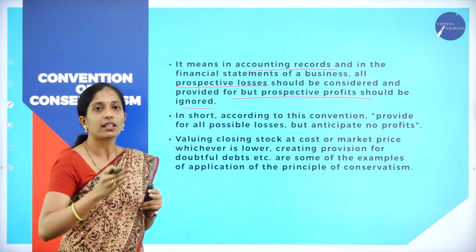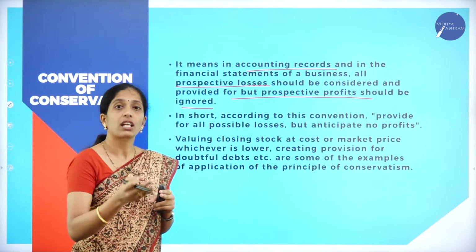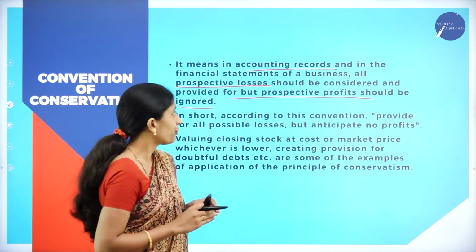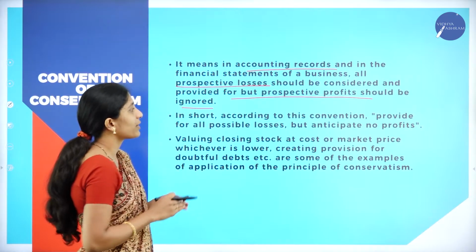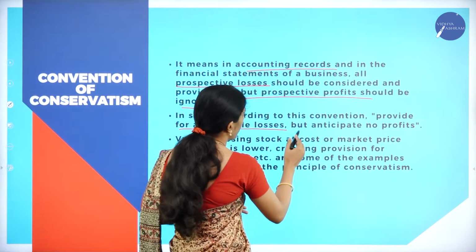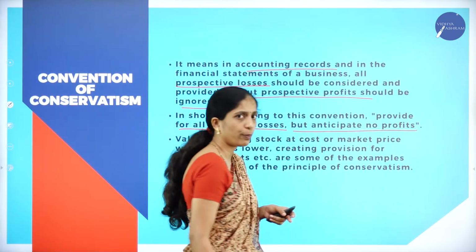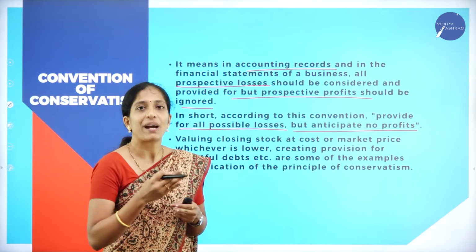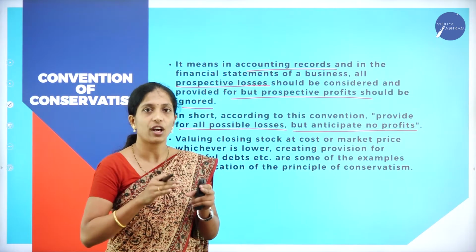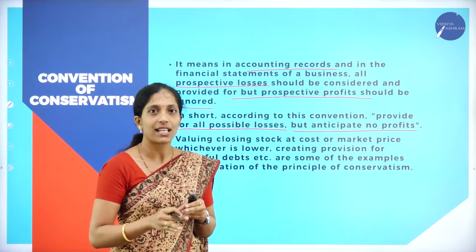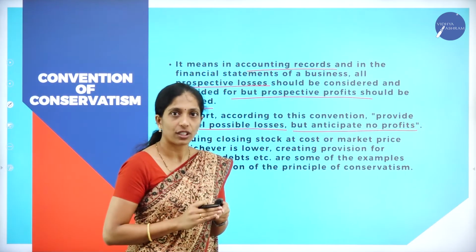We ignore the prospective profit, but we have to give importance to the prospective losses which are going to occur in the future. In short, according to this convention, provide for all possible losses but anticipate no profit. So don't expect profit; always be prepared for the losses. If you are prepared for the losses, of course you can handle the situation very easily. So always be prepared for the worst.